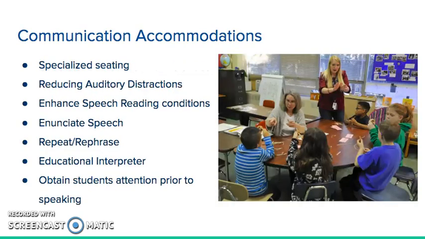So communication accommodations, there are a lot of these, and it's not necessarily just communication, it's a lot of what helps the student learn.